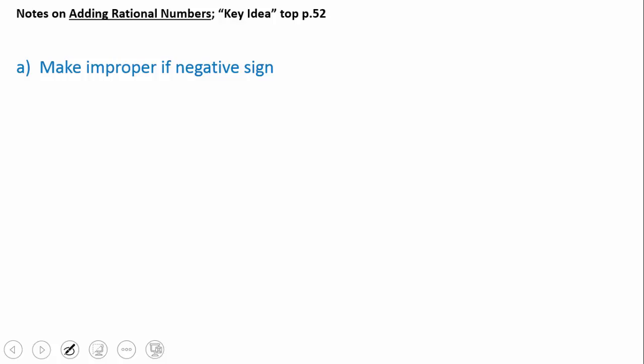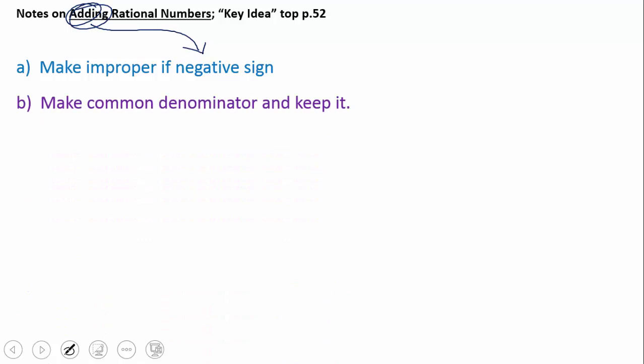The first thing you want to do is make all these fractions improper if possible. You know, sometimes they don't need to be. Anytime you see a negative sign, ladies and gentlemen, we're adding. And when you're adding and you see a negative sign, it's going to be a lot easier if you make these fractions improper if you can. Number 2, or part B, make common denominator.